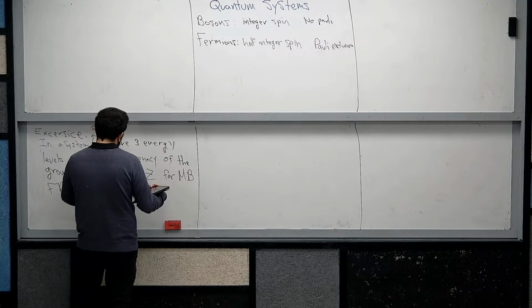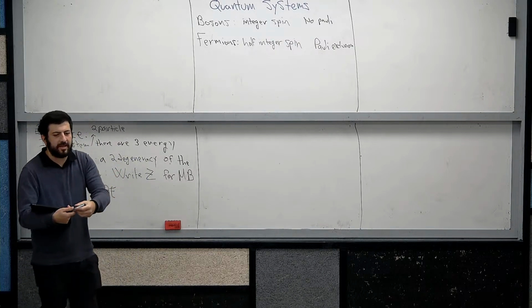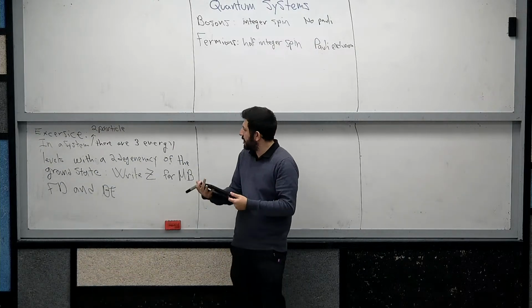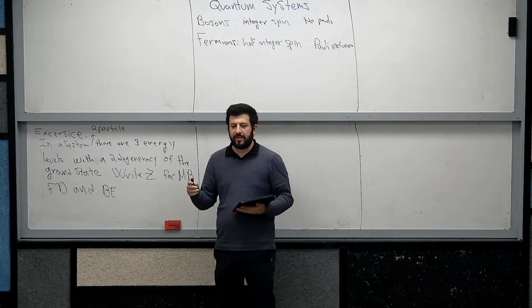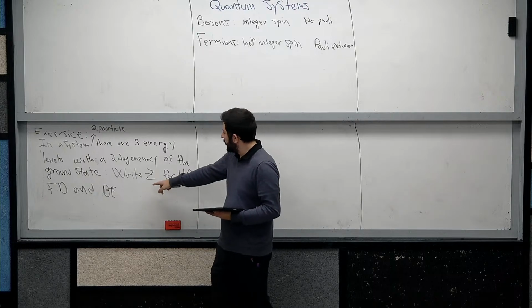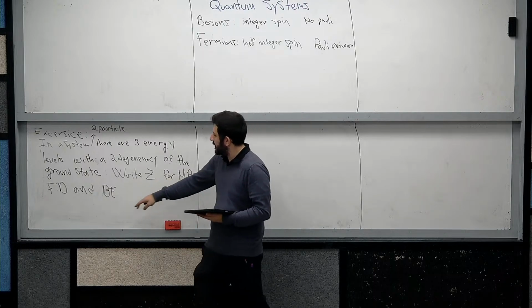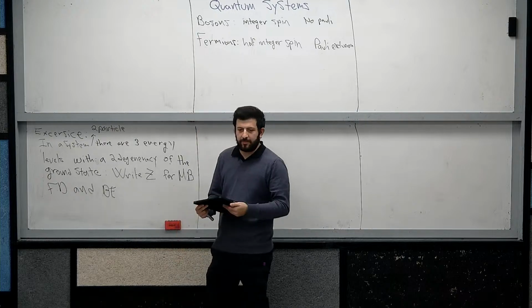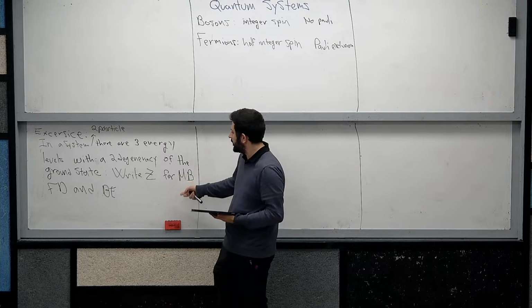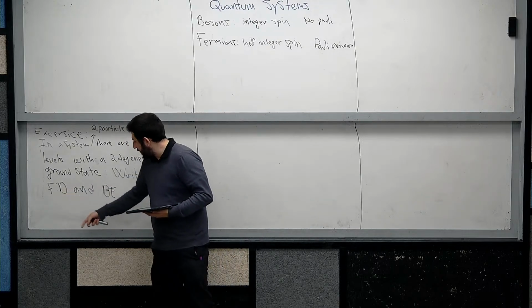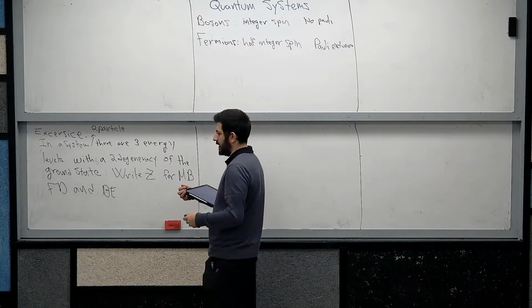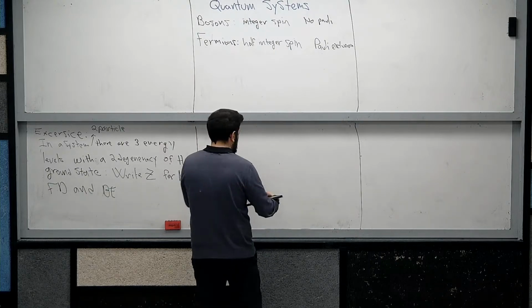Okay, so the idea is that we have a system that has three energy levels. The ground state of the system has a degeneracy of 2, and we need to compute the partition function for each of the different distributions: Maxwell-Boltzmann, which is the classical statistical distribution, Fermi-Dirac, which is for fermions, and Bose-Einstein, which is for bosons.